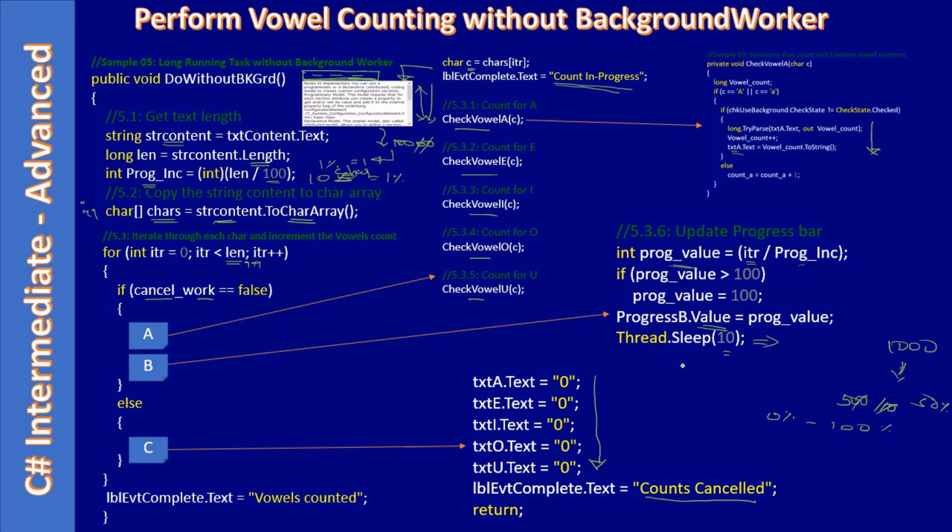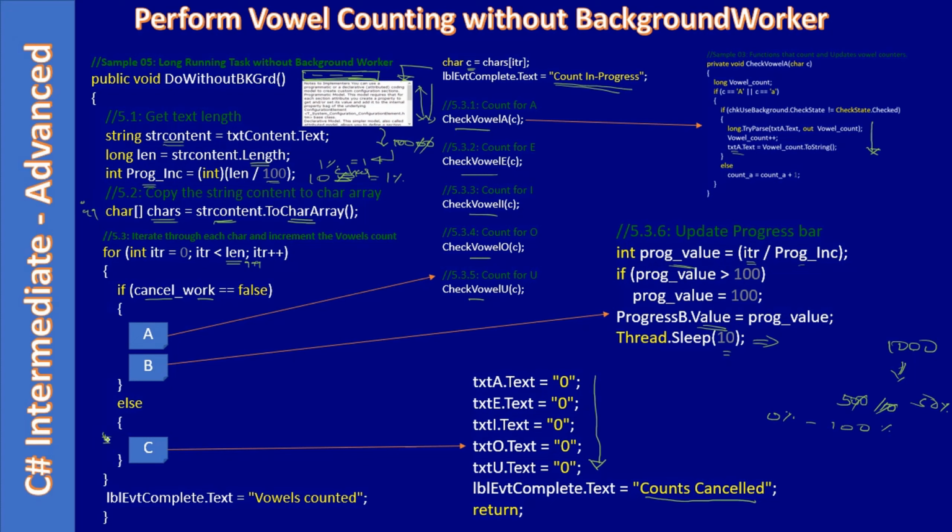In B, we update the progress bar. In C, we say count cancelled. So this will be common for both the BackgroundWorker component as well as the normal flow.